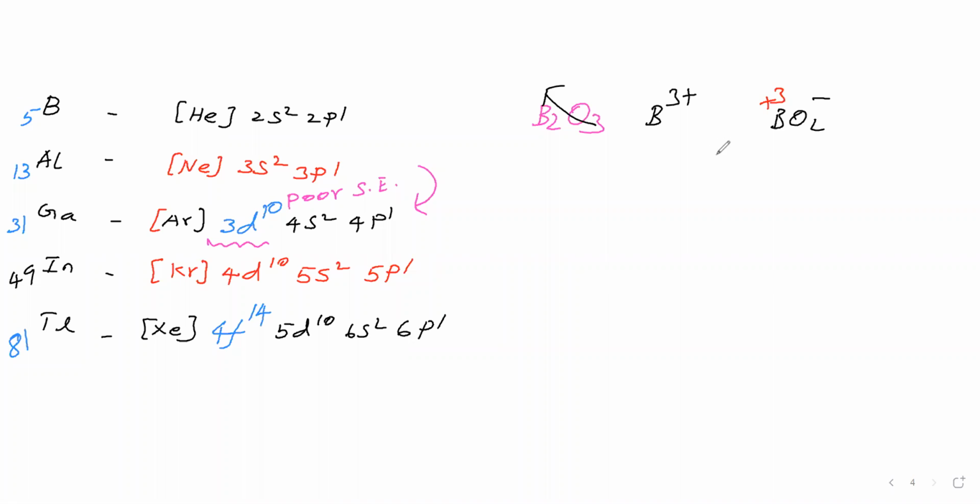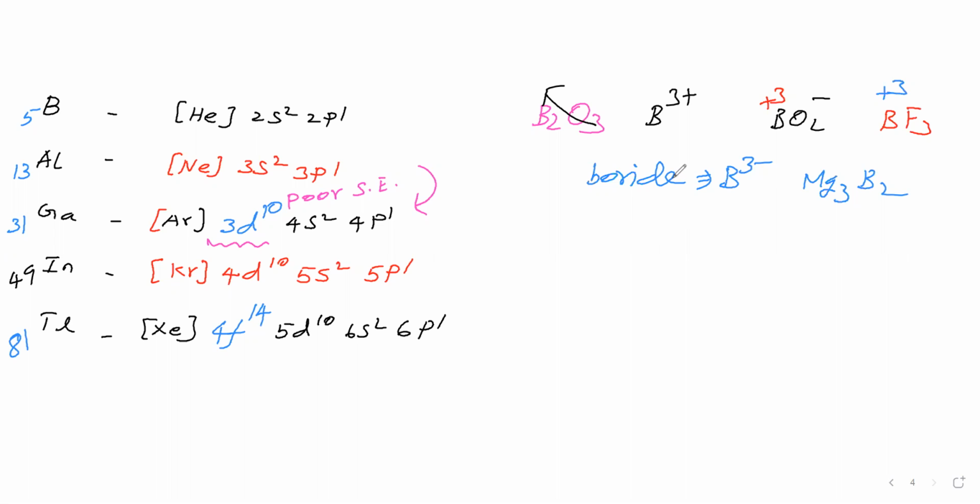Then you see boron trifluoride. In boron trifluoride, boron is plus 3. Then we will see magnesium boride, Mg3B2, in which boron is minus 3.